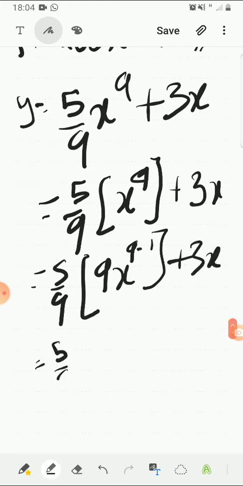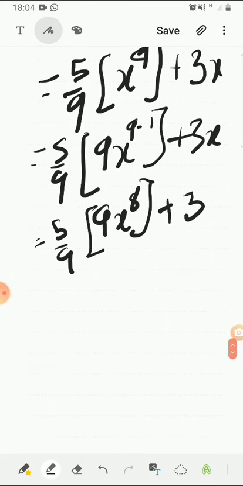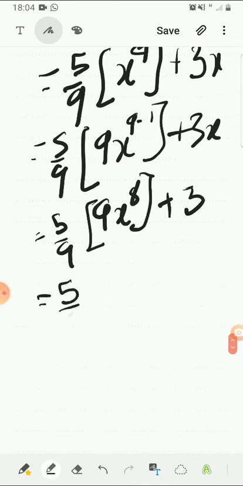Alright, so 5 over 9 x, now the power, so what you have left is only 8, plus derivative of x, like I said, is 1, so times 3, leaving just 3. Alright, so now you multiply 5 over 9 times x raised to the power of 8 plus 3.